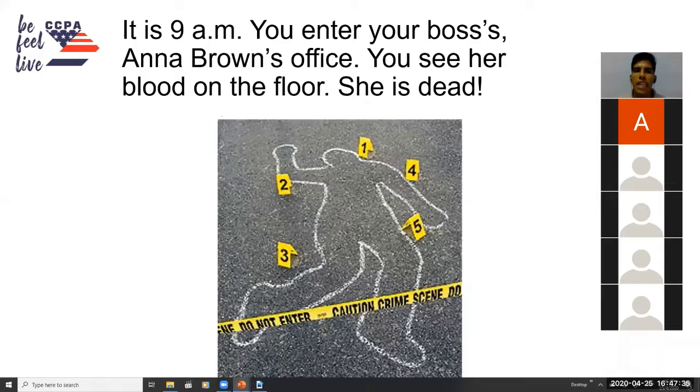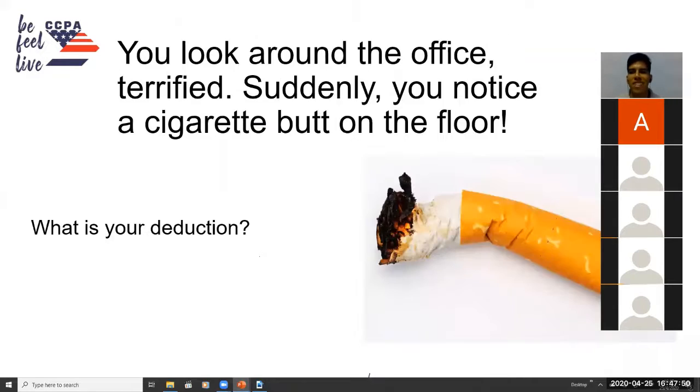It is 9 a.m. You enter your boss's, Anna Brown's, office. You see her blood on the floor. She is dead. Uh-oh. We are in a crime scene now. You are the detective. You look around the office, terrified. Suddenly, you notice a cigarette butt on the floor. What's your deduction?